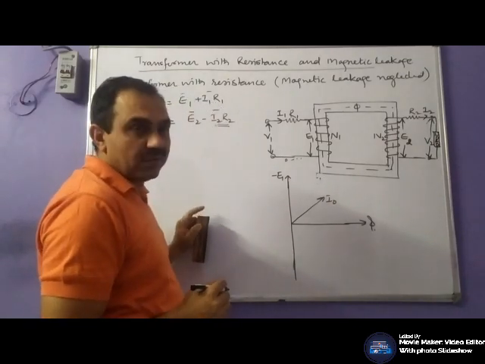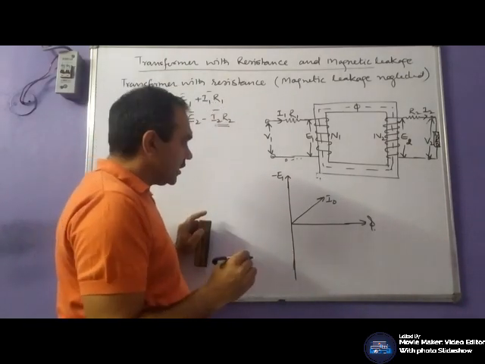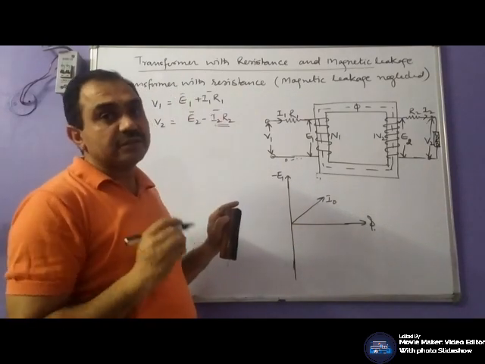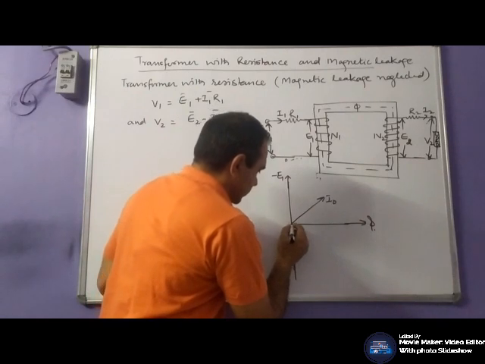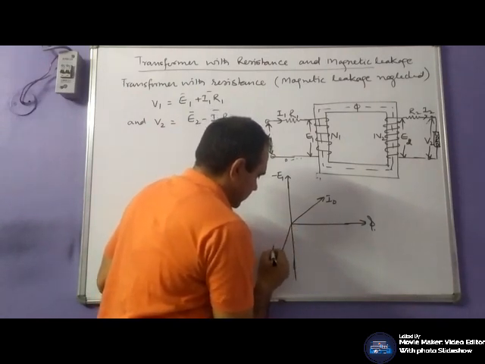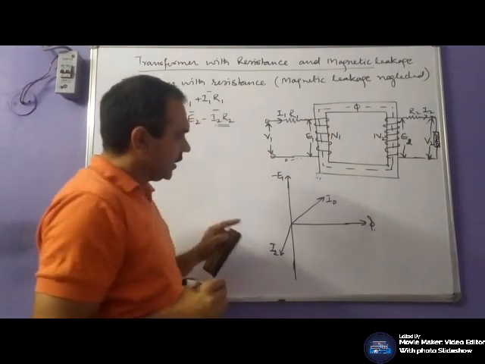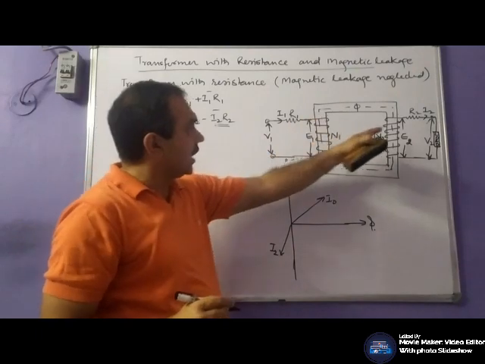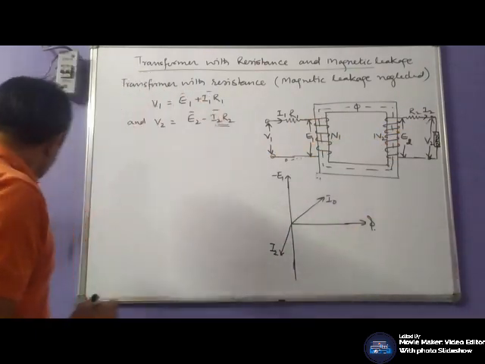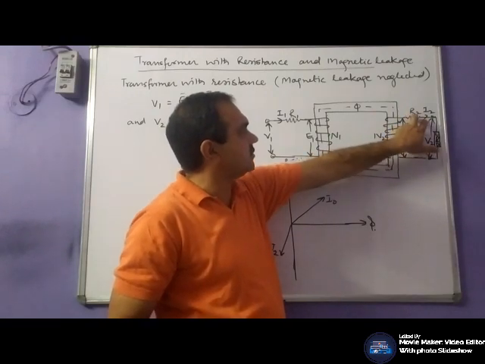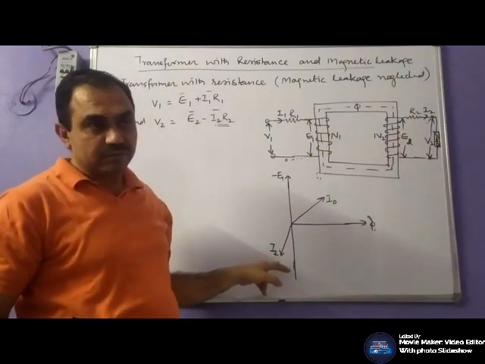In case of inductive load, the current lags the voltage V2. This is current I2, it will lag the voltage V2. And this I2 R2 will be in phase with current I2.